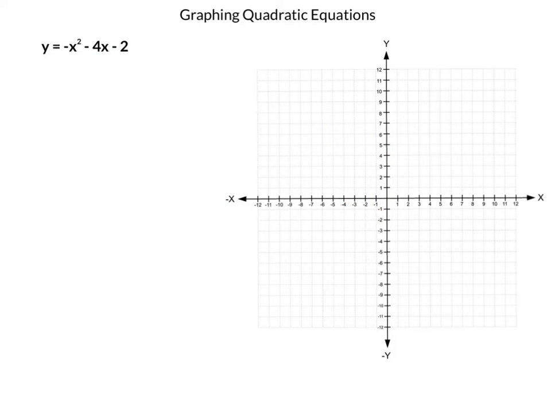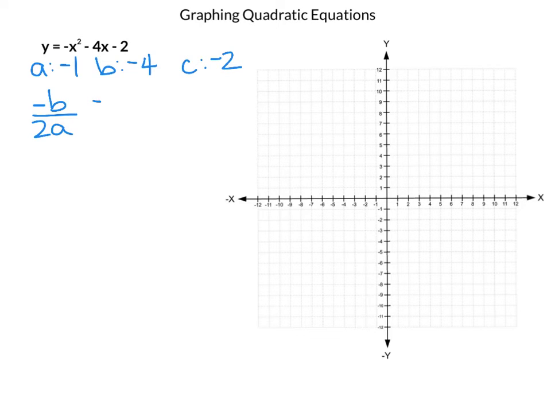Okay, again, I'm going to start by labeling my A, B, and C. So my A is negative 1. My B is going to be negative 4. And my c is going to be negative 2. All right, so let's do this negative b divided by 2a to figure out the x value for my vertex.